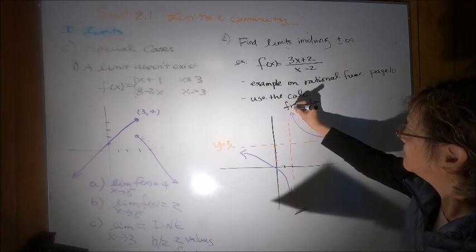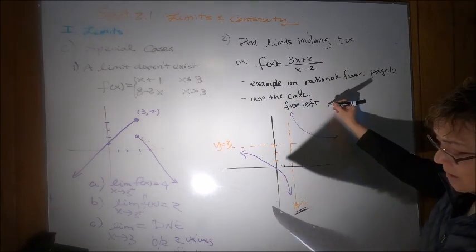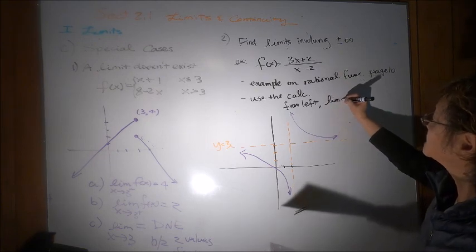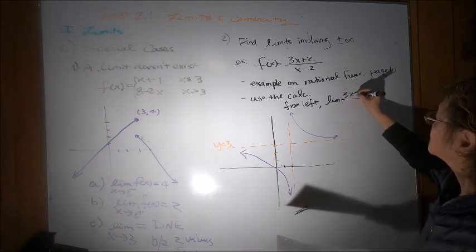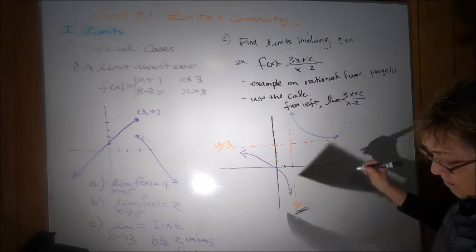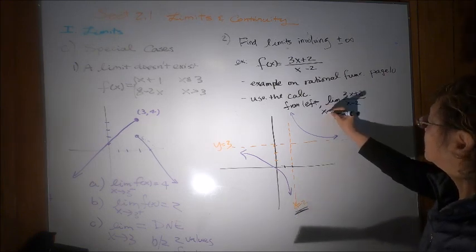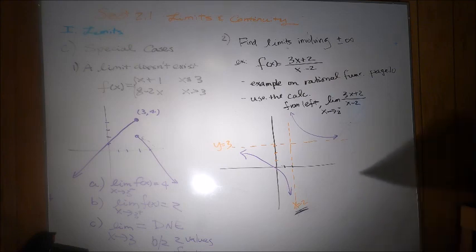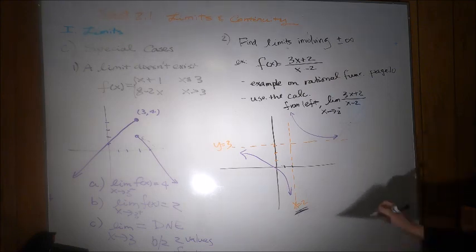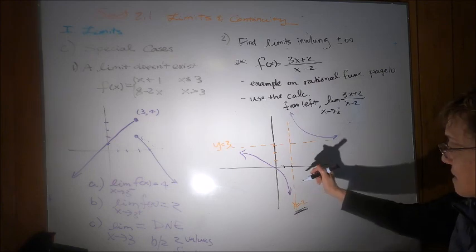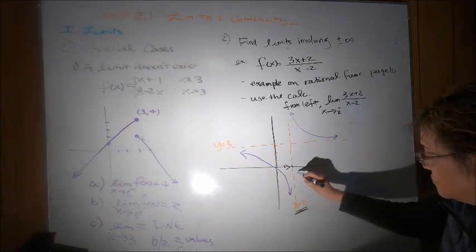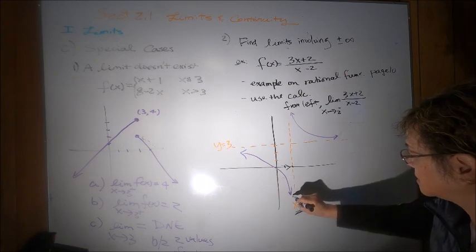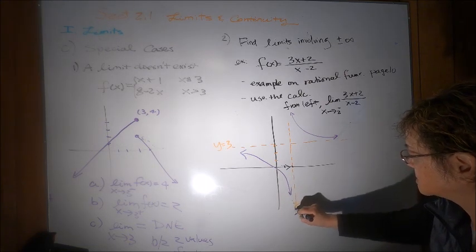For this f of x, we are talking about the limit of (3x + 2)/(x - 2) from the left-hand side. As x approaches 2 from the left, x is getting closer and closer.